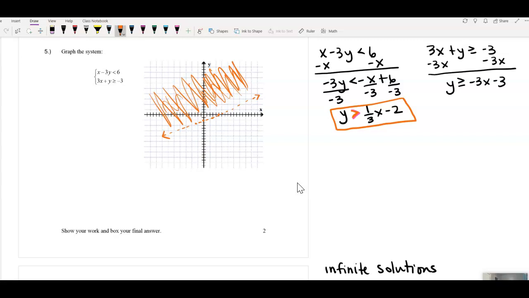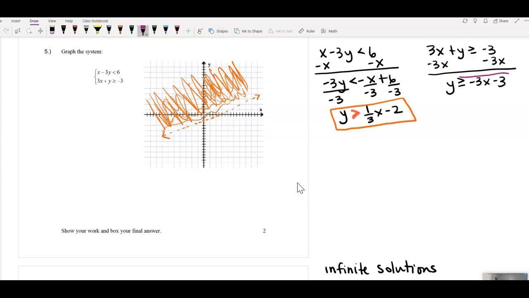And you'd see that 0 is less than 6. That's a true statement. So that means 0, 0 is a part of the solution. So that means this whole thing is a part of it. But if you can look at this and say, y is greater than that line, and see that the stuff above it is the stuff greater than, it just makes it go, I think, a little bit quicker.